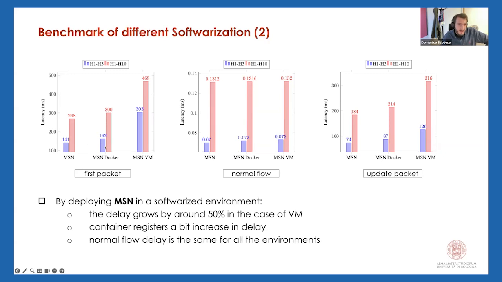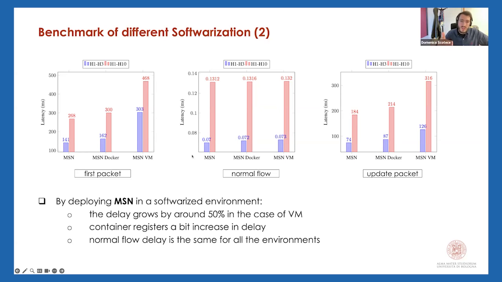In the first case, as you can see, Docker adds a bit of latency compared to the standard MSN, but also you know that a virtual machine uses a different kernel from the standard one, so the latency is, let's say, 2 times the standard one. But this is true for the first packet. The situation is not the same for the normal flow.